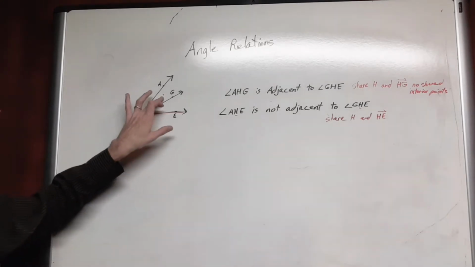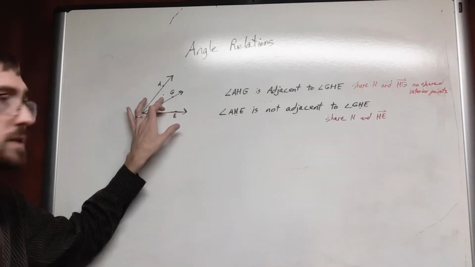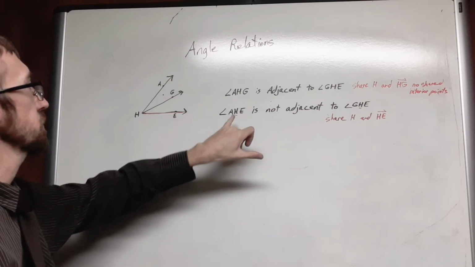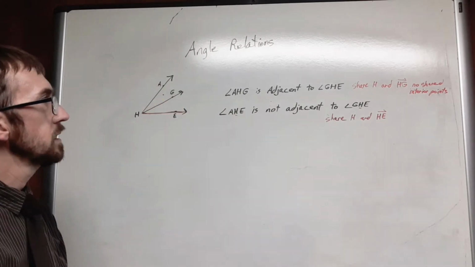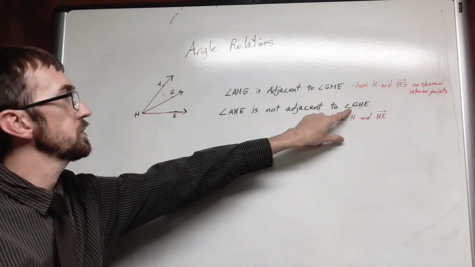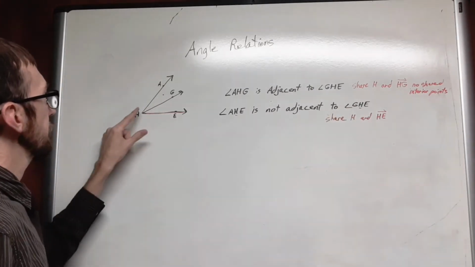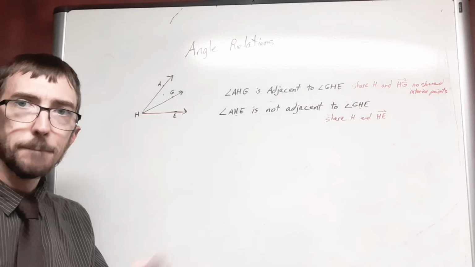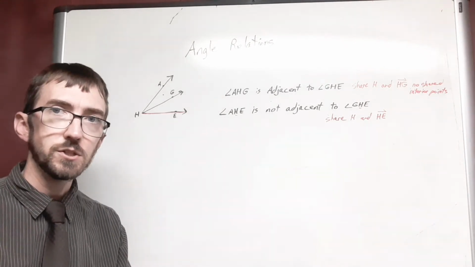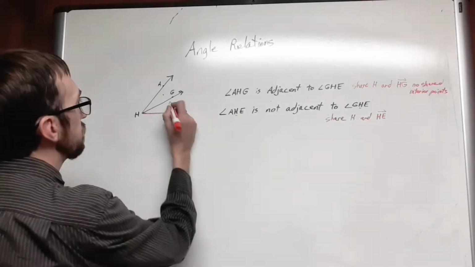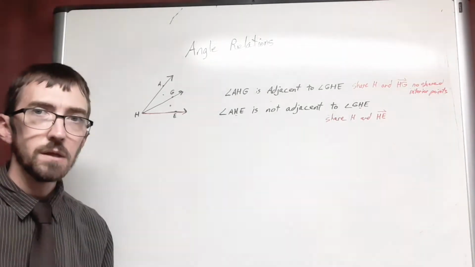If I look at this point that I put up here earlier in the interior, it is interior to the first angle here, AHE. Is it also interior to GHE? It is not. But can we put in another interior point and find that it is shared? So let's try to put a point down here.